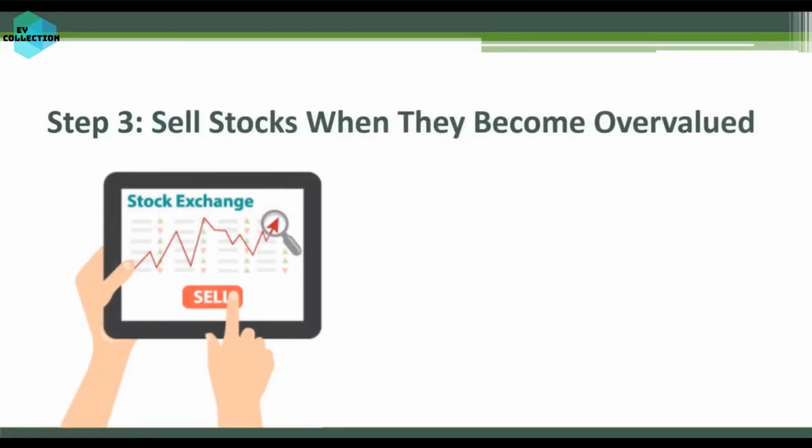Now that you understand the best time to buy into a financially strong company is when its stock has become undervalued, you also need to know when to sell that stock in order to make a profit. Although we know that a high-quality company can be temporarily affected by negative market news that causes its stock price to plunge, we also know it's very likely to recover over the long term.